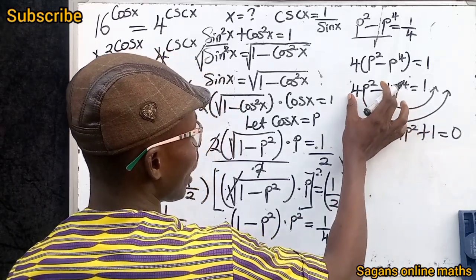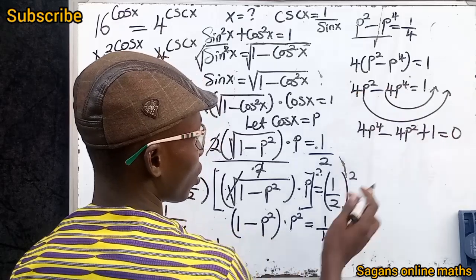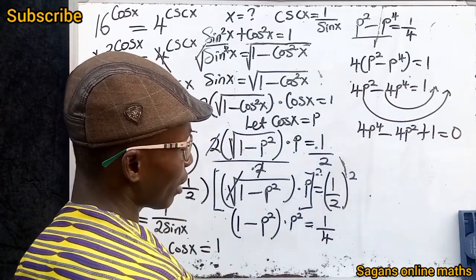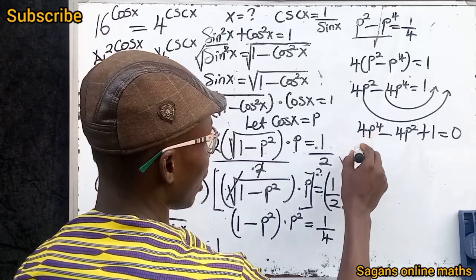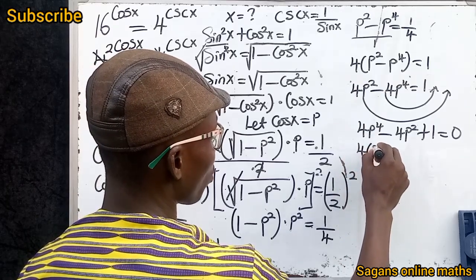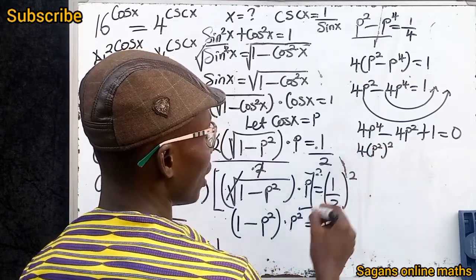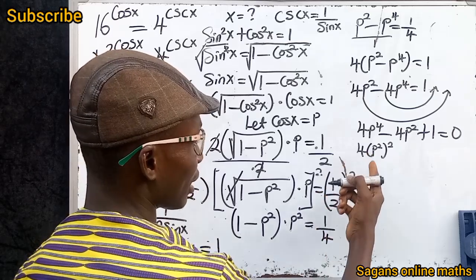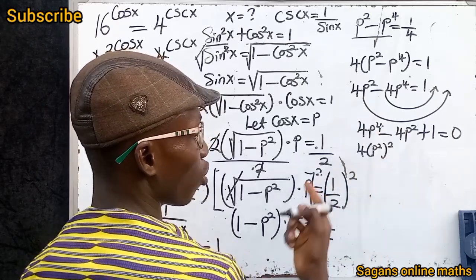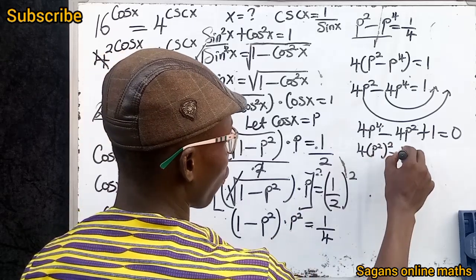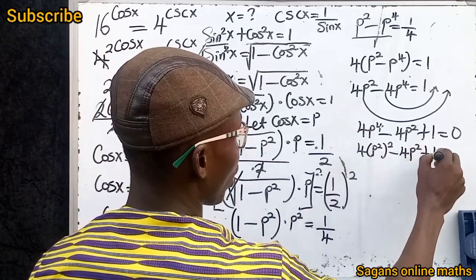If I transfer everything to my right hand side, everything left here is just 0. That's amazing. Now look at the interesting thing we're going to do here. I can also write 4p raised to the power of 4 as 4 into p raised to the power of 2, raised to the power of 2. Remember that the properties of indices say that the index inside the parenthesis multiplies the index outside the parenthesis. So 2 times 2 gives us 4. Amazing. Then minus 4p square plus 1 equals to 0.